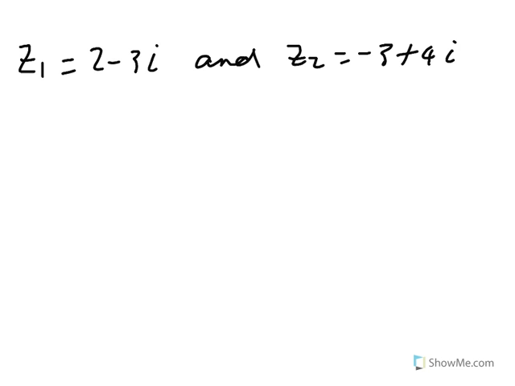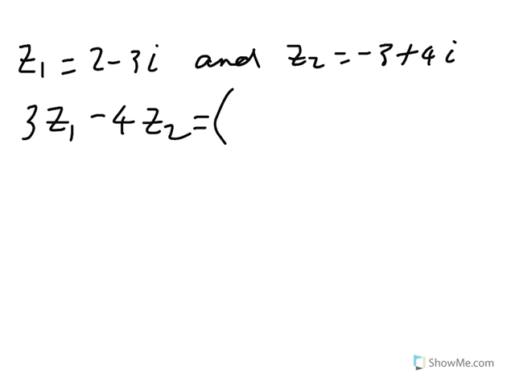Using the same two complex numbers, if I wanted to do, say, 3 times z1 and from that take 4 times z2, then I just need to make sure I multiply first of all.